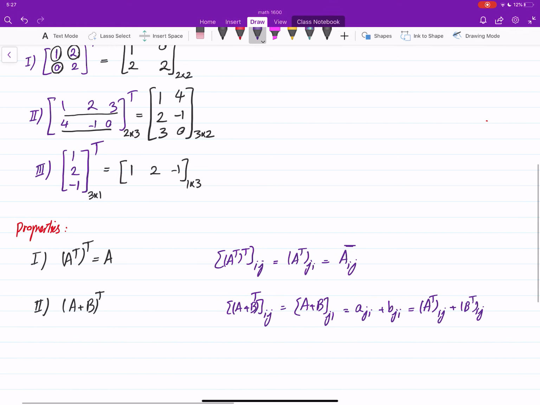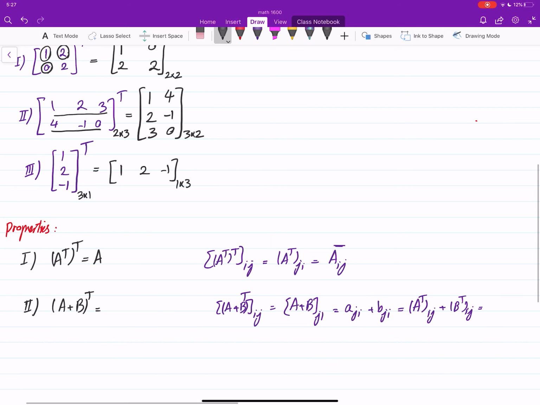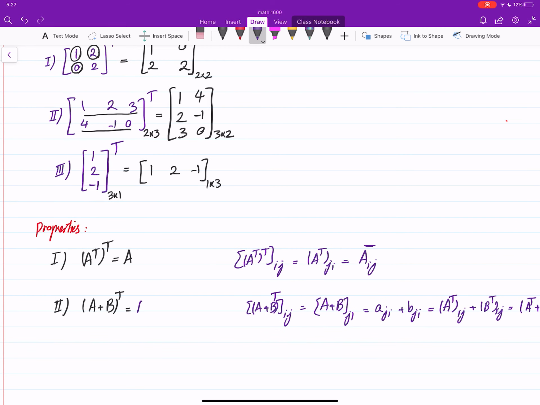Now that we have both ij entries, this means that A plus B transpose is the same thing as A transpose plus B transpose.